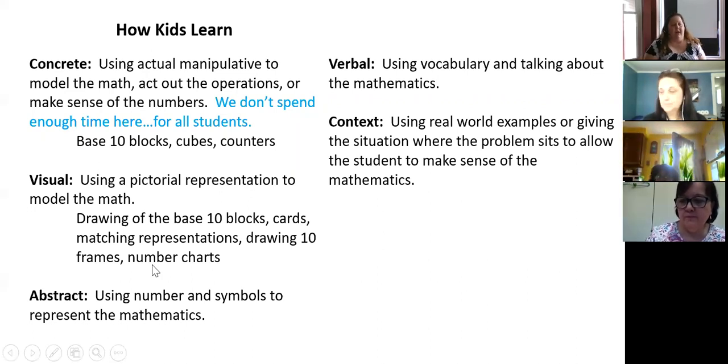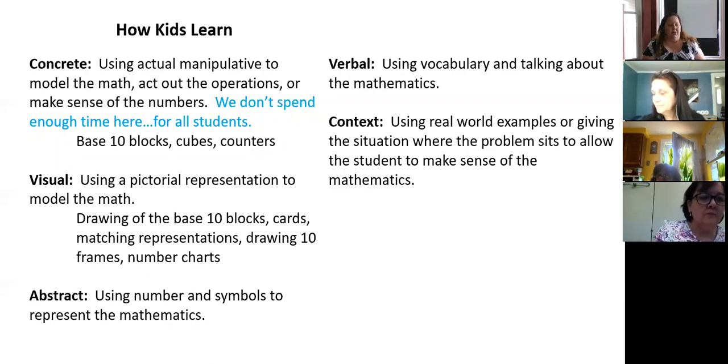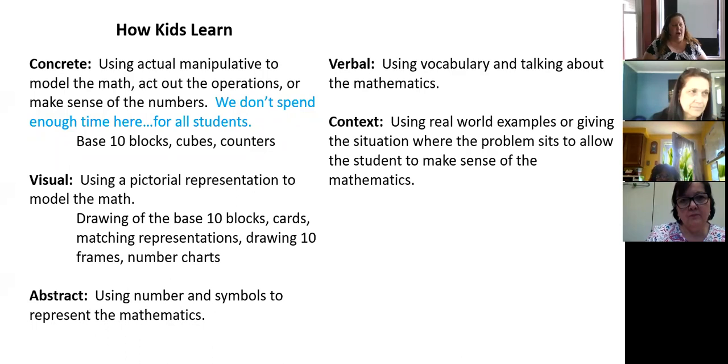Students may use that. They may draw the base 10 blocks. They're drawing 10 frames. They might use a number chart or cards. They might match representations, and they may bounce back and forth between the concrete and the visual. They might be using those blocks and then drawing a representation of it, so they're moving across.